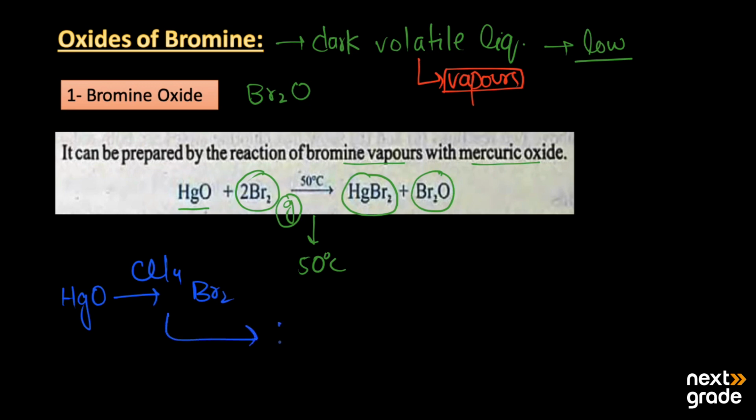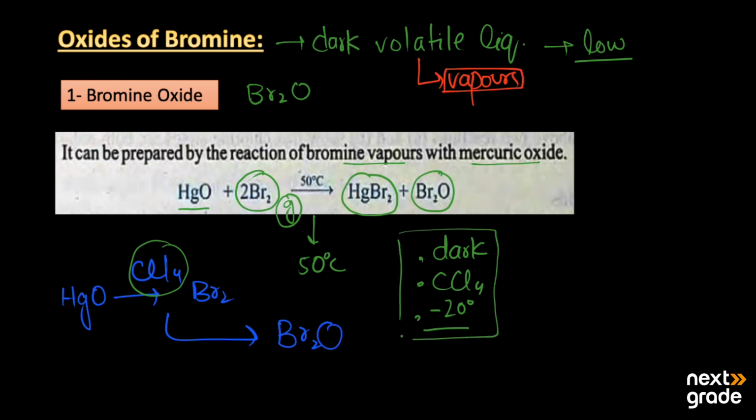It also produces bromine monoxide, Br2O. Now, it is stable in the dark in the presence of CCl4 at a temperature of minus 20 degrees Celsius. So Br2O has this property.